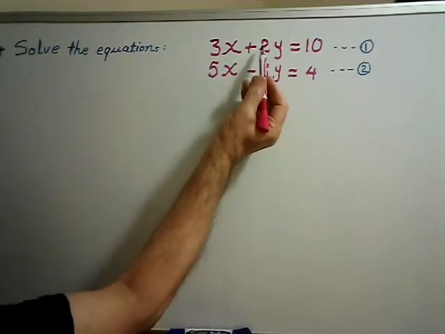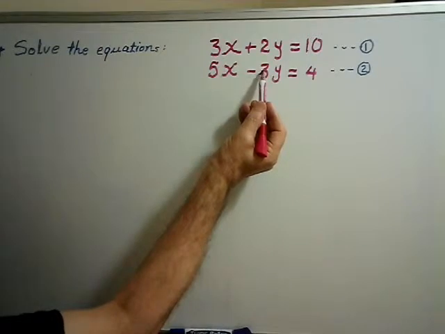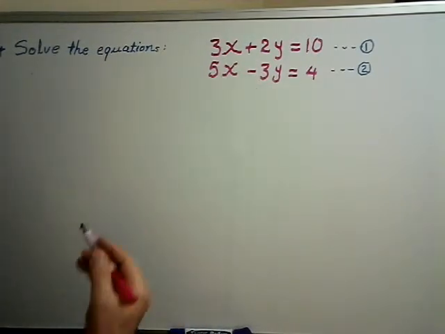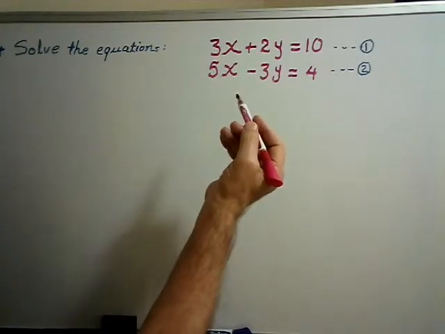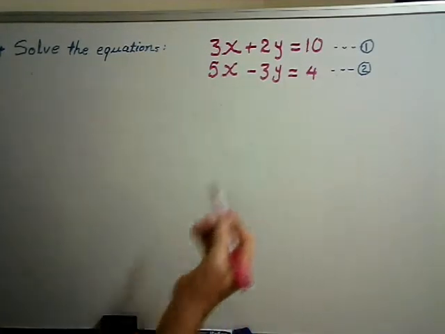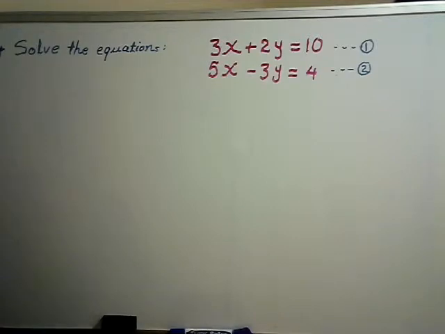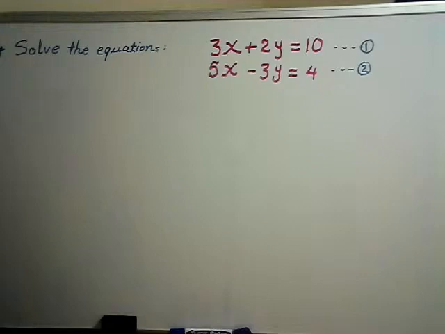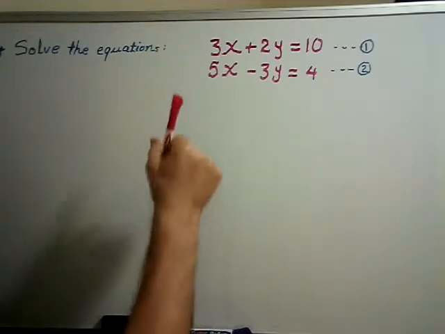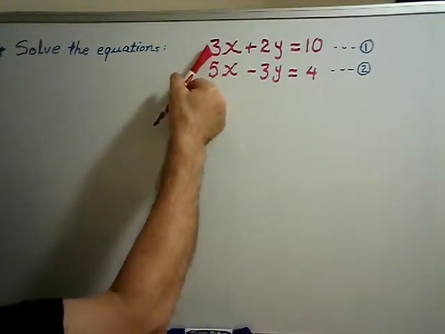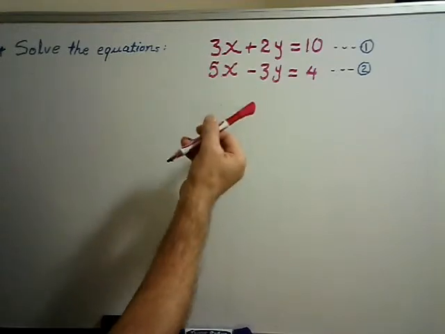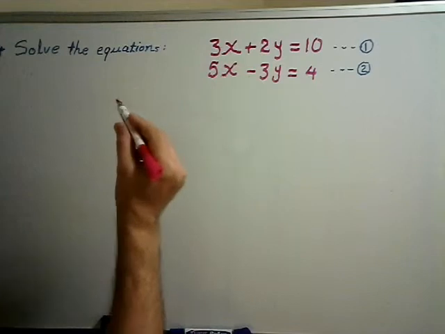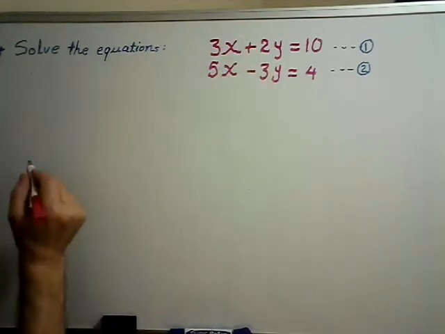So here will be 6 and here will be negative 6. In this situation we can add the two equations together, so we eliminate y. Otherwise we can think to make the coefficients of x equal, then we can eliminate x. So follow me to see how we will do that.